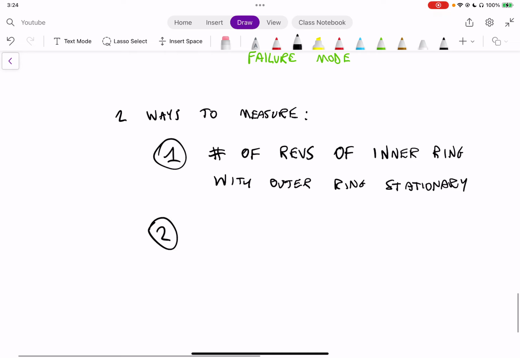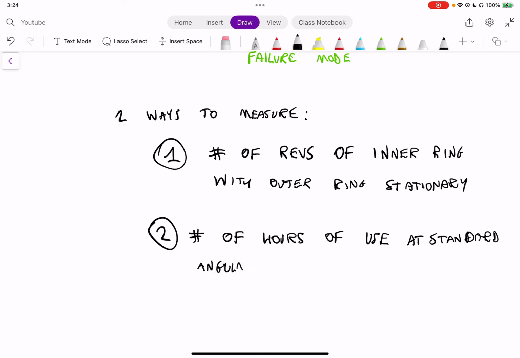Now, number two is, instead of counting the number of revolutions, we can count the number of hours, equivalent hours of use at a given standard angular velocity, so essentially at a constant RPM, until tangible evidence of fatigue.